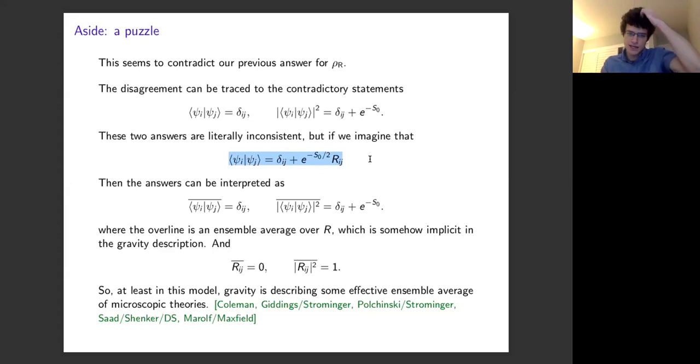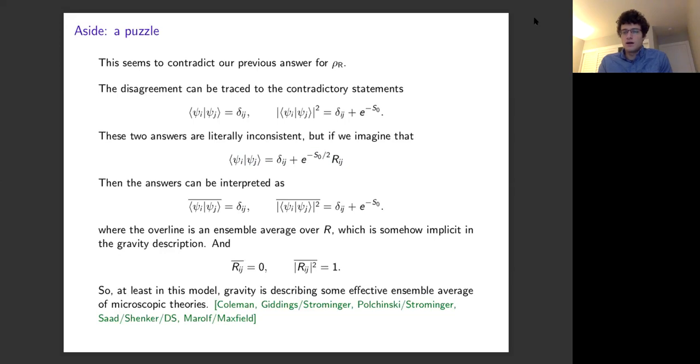So the expression that's highlighted in blue, if we average that over some ensemble for the erratic term r, where r has 0 mean and a variance equal to 1, then we'll get exactly this expression here. So we'll find that these two equations are not consistent with any particular answer for the inner product, but they are consistent with an ensemble of answers for the inner product.